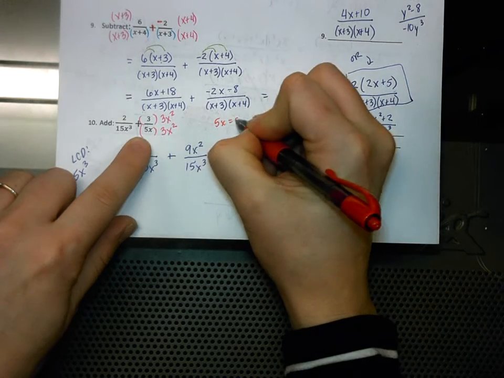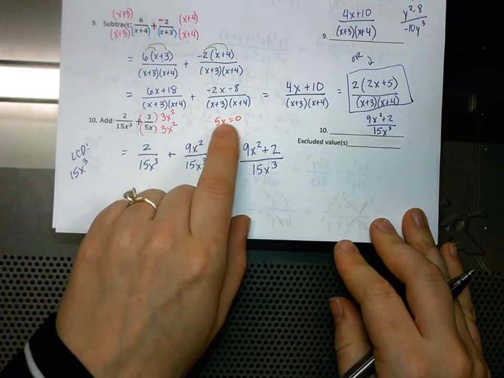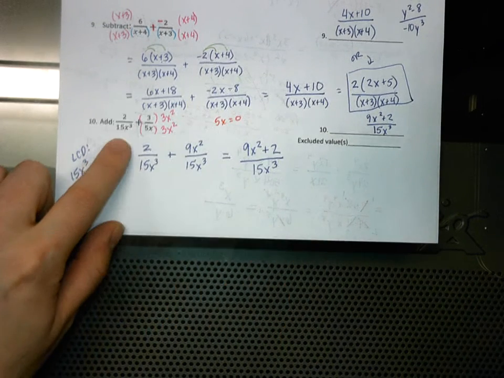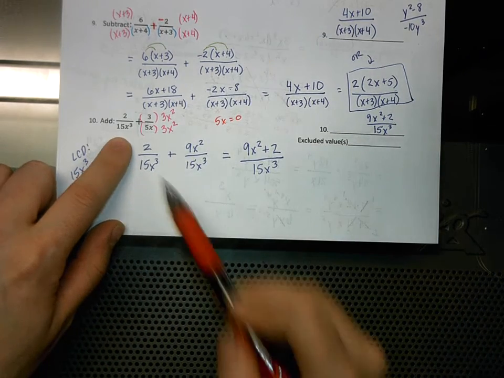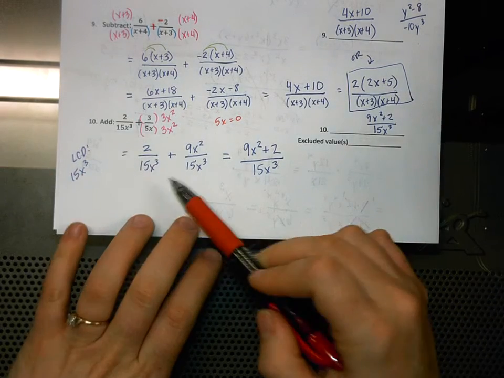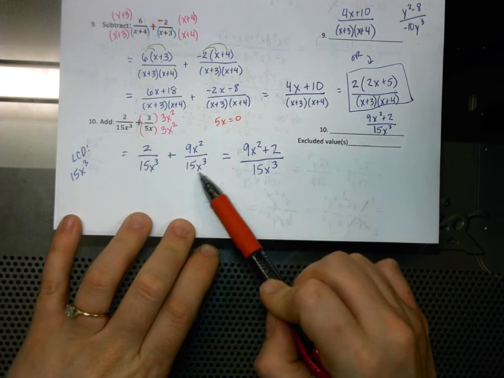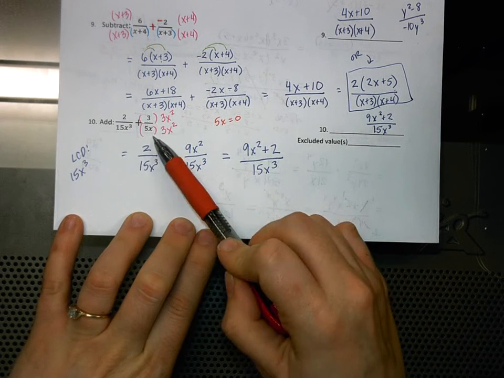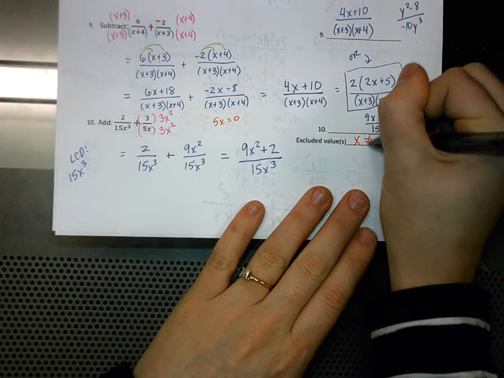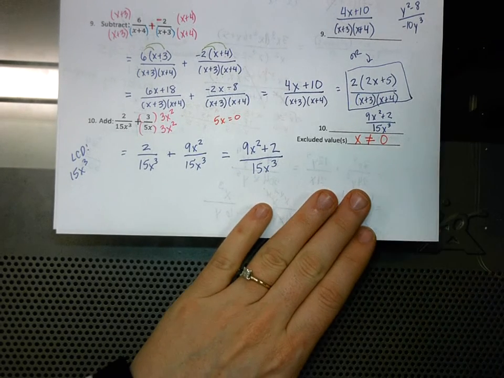I could show that by dividing the 5 to the other side and I get x equals 0. What about 15x cubed? 0. 0 cubed is 0. 0 times 15 is 0. So, at any point throughout this, I either have 5x or 15x cubed, so I only have one excluded value. X cannot be equal to 0.